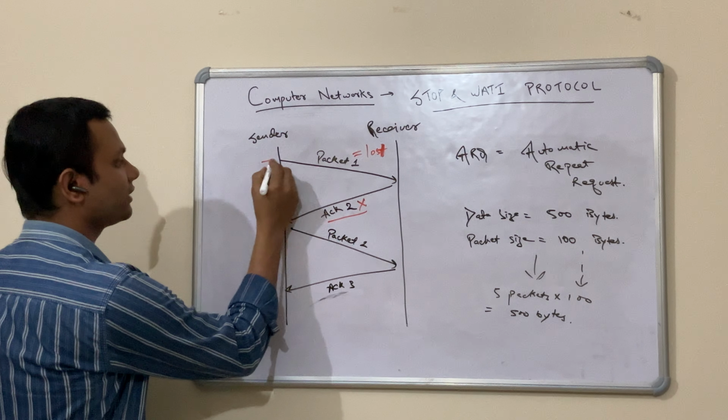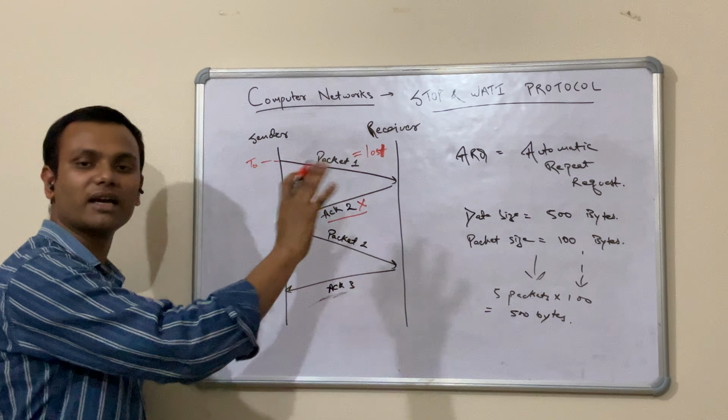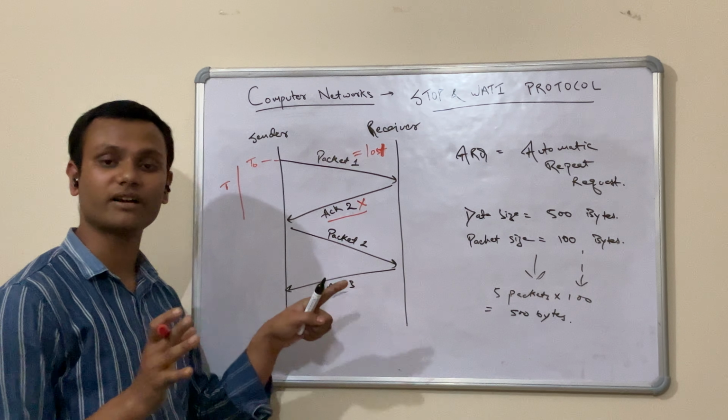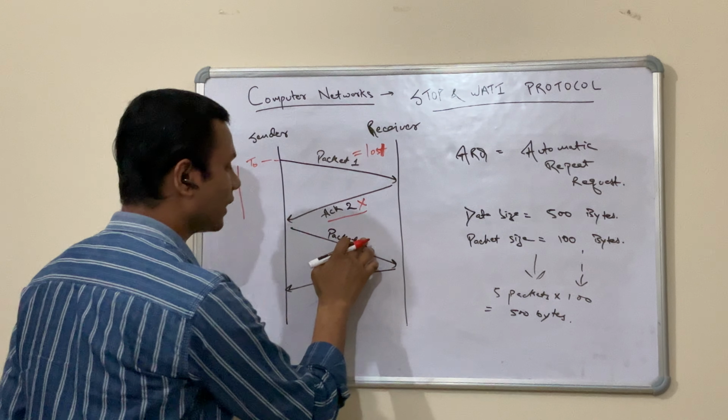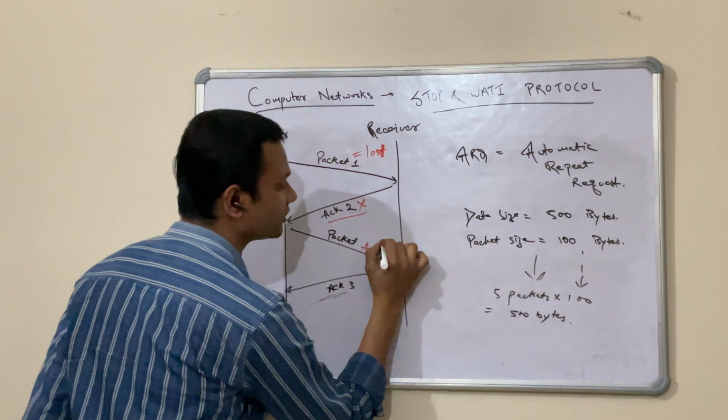So let's say at t equals 0 the packet was sent, and the time decided was t. After this t time, if I didn't get the ACK, I will retransmit the packet. As packet 1 got lost and no ACK was received, after this time packet 1 is again retransmitted.